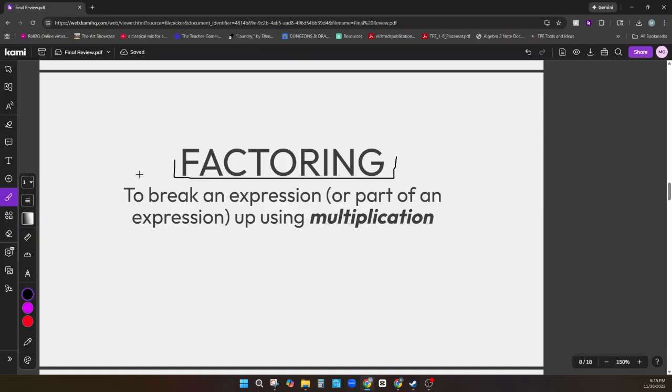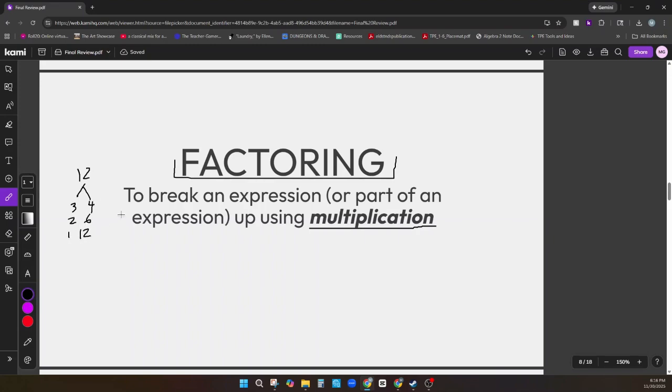So the definition of factoring is to break an expression or part of an expression up using multiplication. That's the keyword: multiplication. We break something up using multiplication. So we could factor numbers. We could break up a number into its multiplication parts, multiplication facts, that being 3 times 4, 2 and 6, 1 and 12.